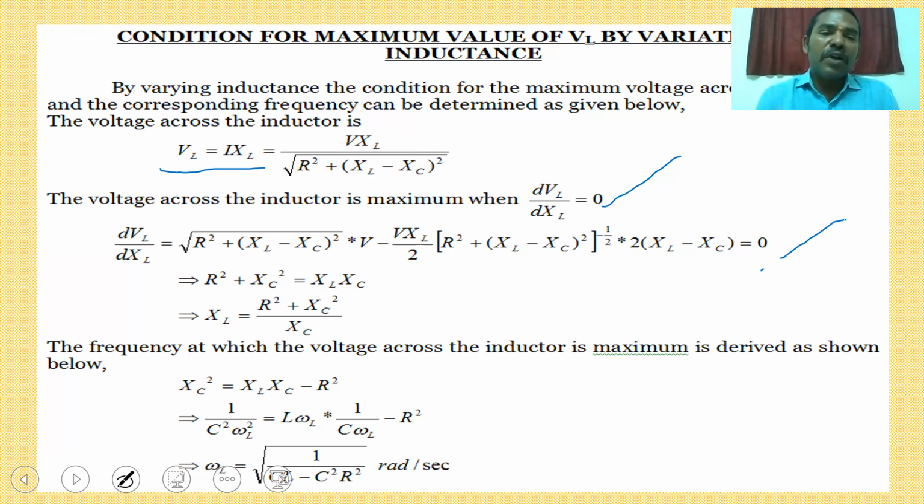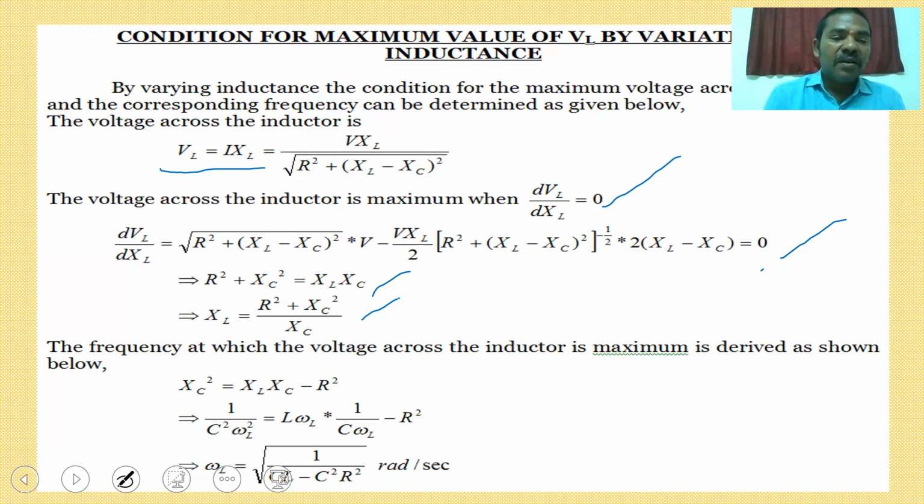We use the U by V formula to differentiate VL with respect to XL. After simplification, R square plus XC square is equal to XL XC, or XL is equal to (R square plus XC square) divided by XC.